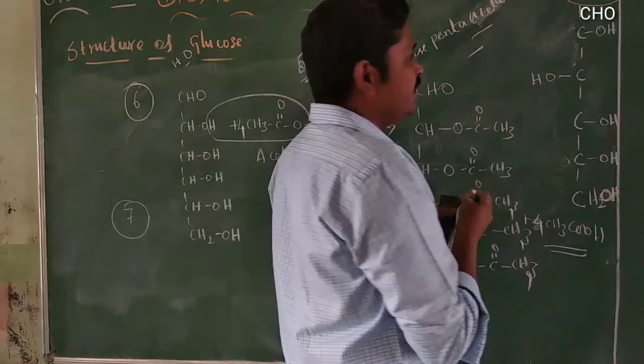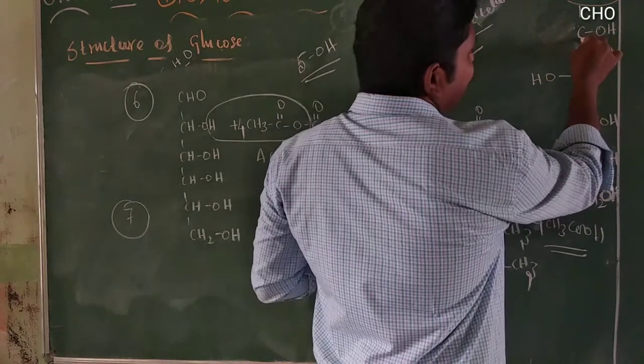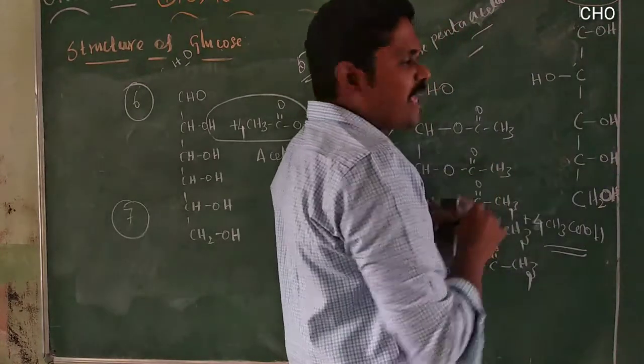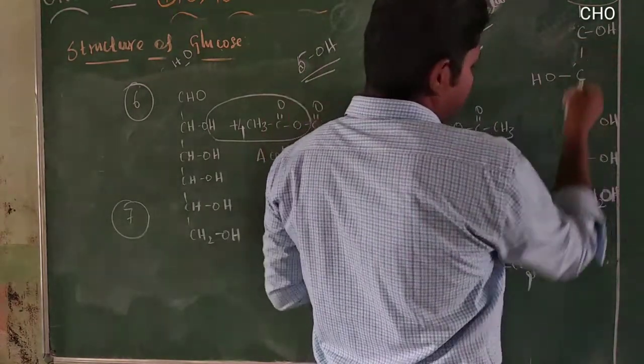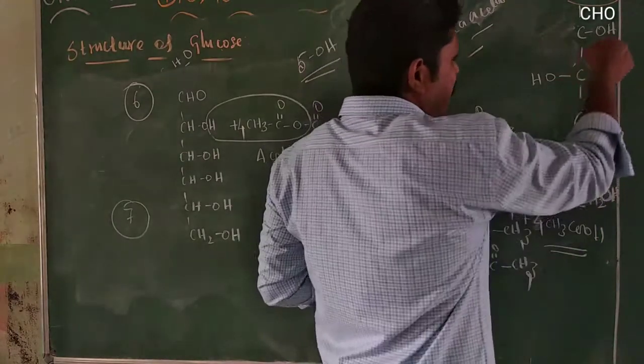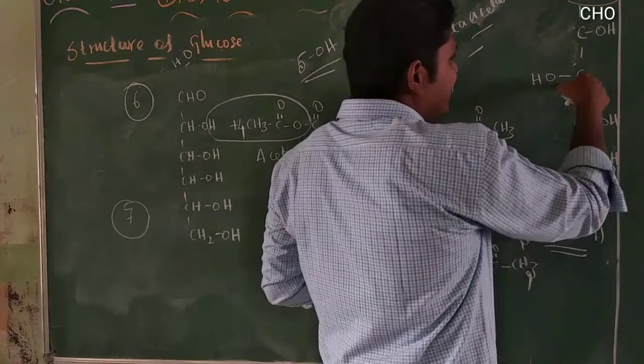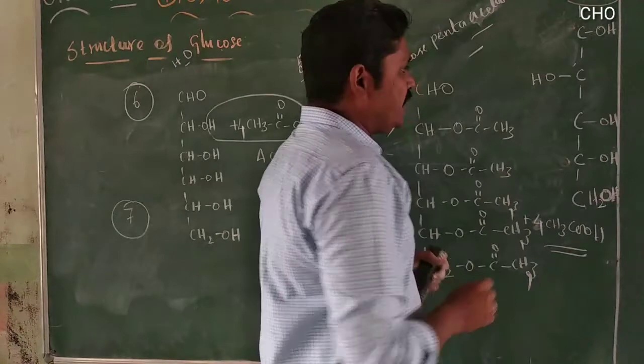Gem diol means a carbon containing 2 hydroxy groups. Each hydroxy group is bonded with a different carbon.